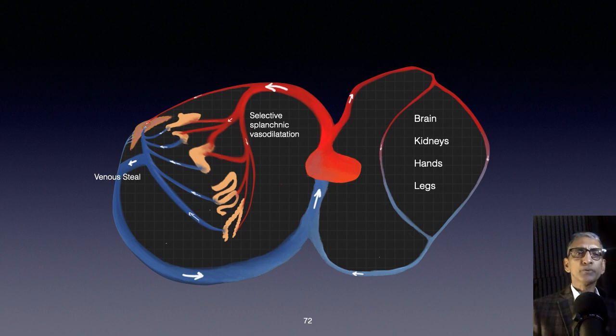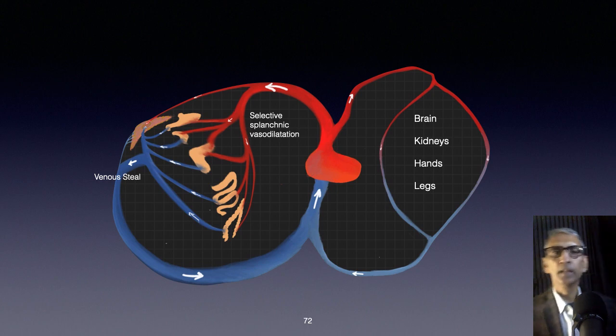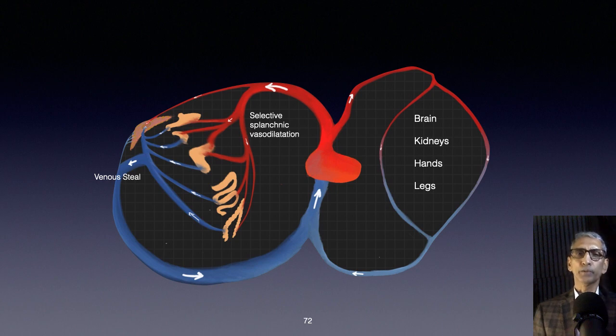We try to use a vasopressor to help relieve the congestion. Normally in the United States we use norepinephrine and albumin. There is a drug called terlipressin, which is not available in the United States yet, but it's available in Europe.